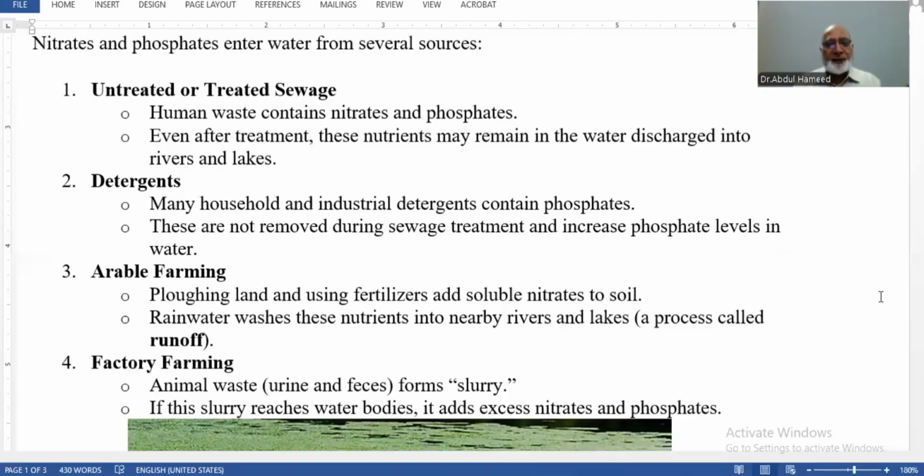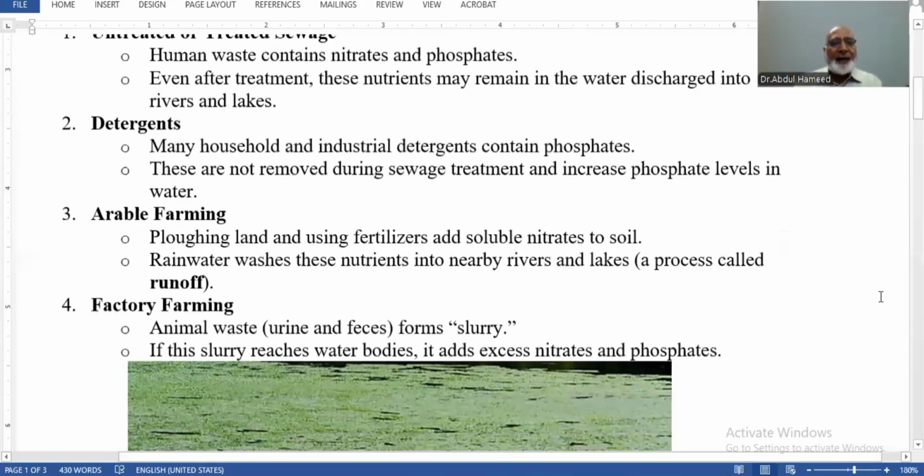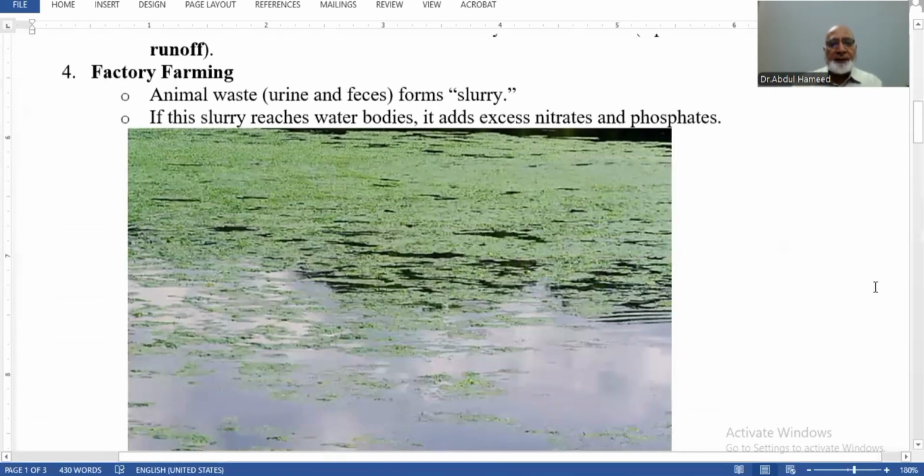This process is runoff. Then there is factory farming, for example animal waste, the urine and feces of those organisms, which form a sort of slurry. If this slurry reaches water bodies, it adds excess nitrates and phosphates to them.